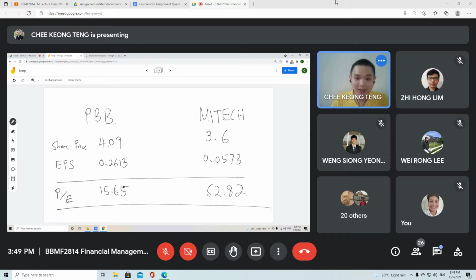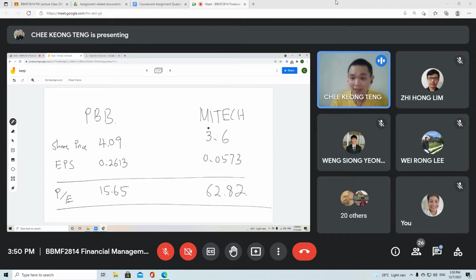All right? Fair, okay? When you come to MeTech, share price 3.6. Now, each share every year can only earn you about 6 cents, you know. So if MeTech continues to earn only 6 cents, it takes you about 63 years to get back all your money. But of course, why are they willing to pay such a high price?